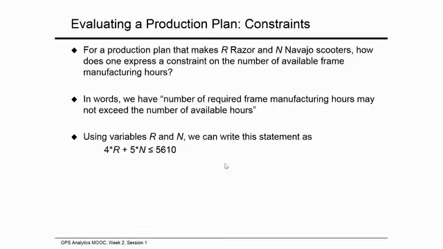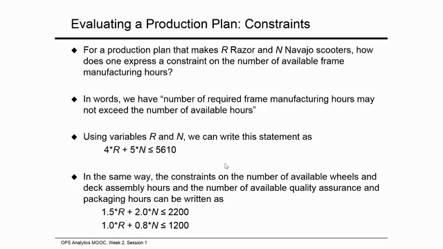What we have on the left-hand side of this constraint, to the left of the less-than-or-equal sign, is the number of frame manufacturing hours required by any pair of R and N, 4 hours for each unit of R, and 5 hours for each unit of N. And what we have on the right-hand side of this constraint is the number of frame manufacturing hours available.